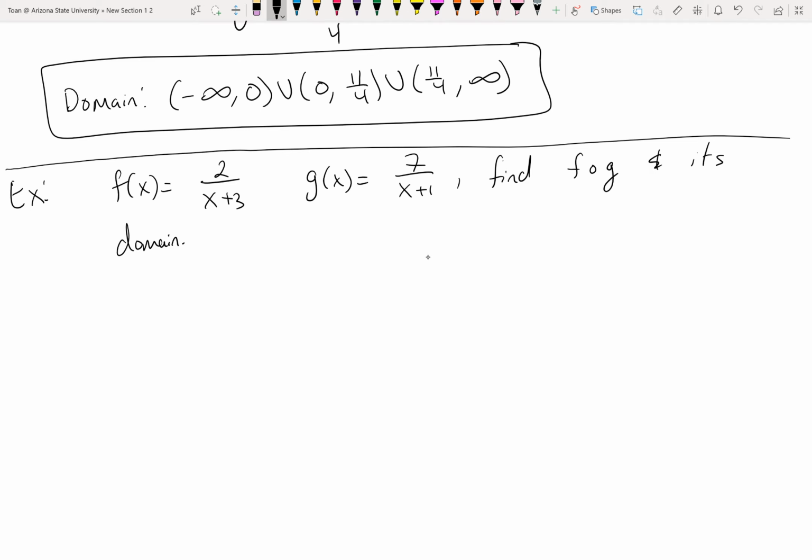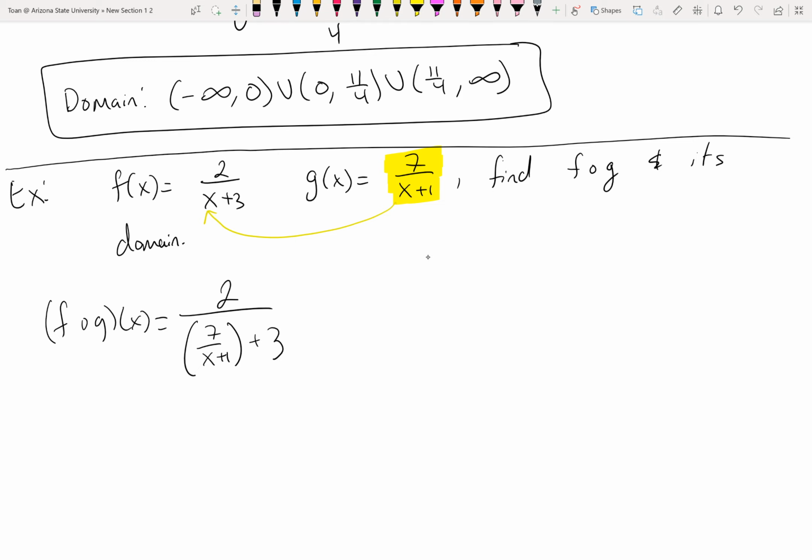So, to find fog, fog of x, that's taking the g function and substituting it into the f function. So that's 2 over 7 over x plus 1 plus 3. We can get rid of the parentheses because nothing's multiplying it.